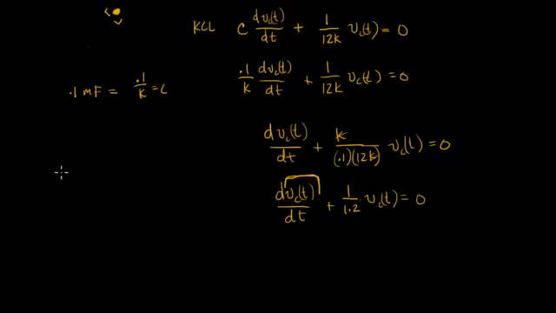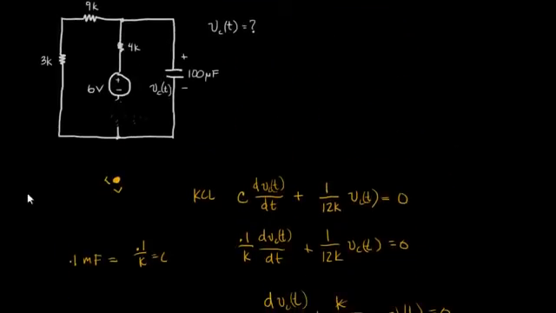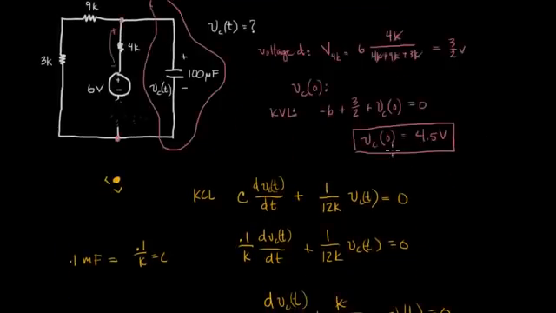It's going to be VC of t equals A e to the negative kt, and A is our initial condition. We solved for our initial condition, and that was 4.5.